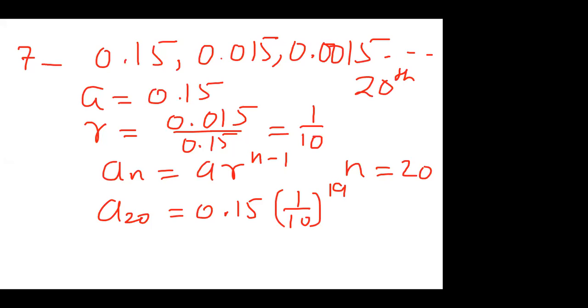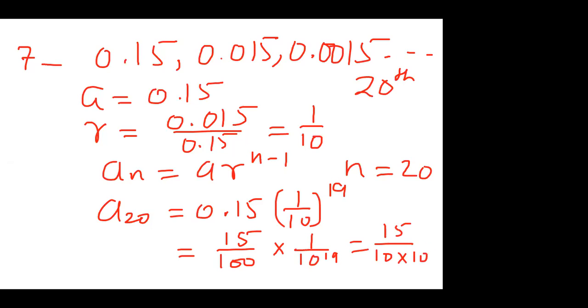Sorry, we have to calculate the sum also; in the next slide, I'll find the sum. That is 15 upon 100 into 1 upon 10 to the power 19. I could write it as 15 upon 10 into 10 to the power 20. So the answer is 3 by 2 into 10 to the power 20.